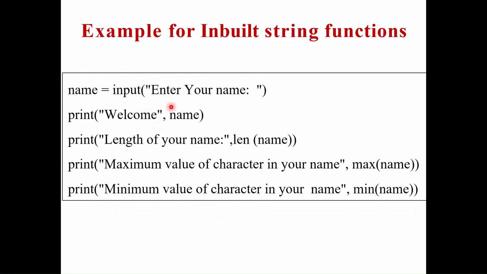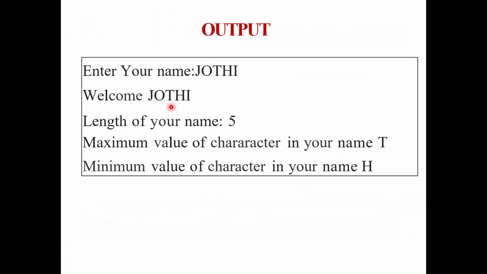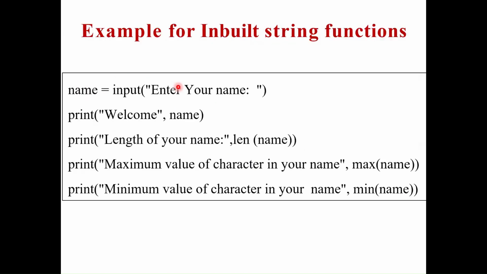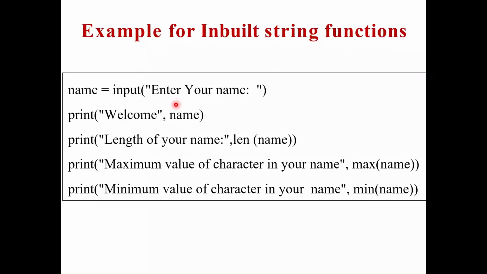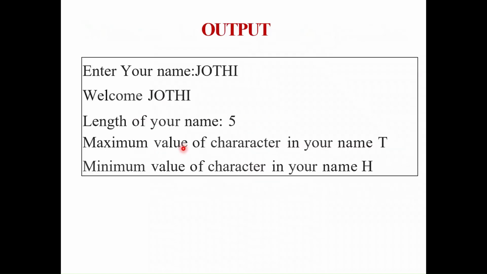So first we are going to get a name, and I give the name Jothi. And the second statement displays the name along with the welcome message. So we get the message like welcome Jothi. Then third, we are using the len function for counting the number of characters in the given string, and along with it displays the length of your name is 5.